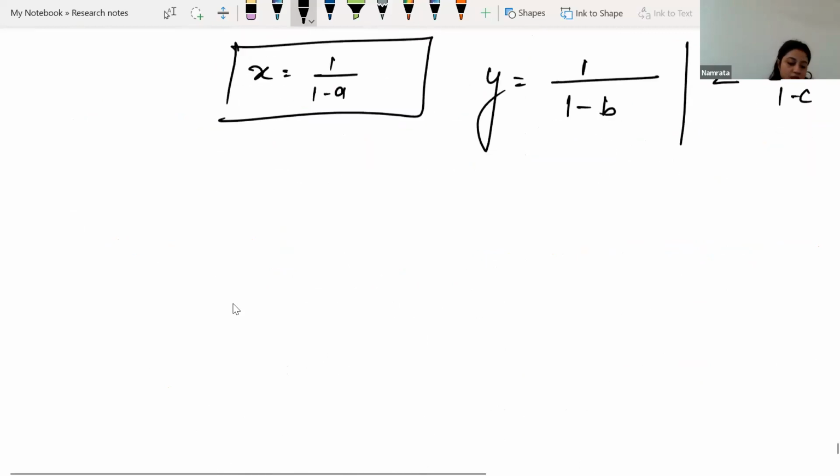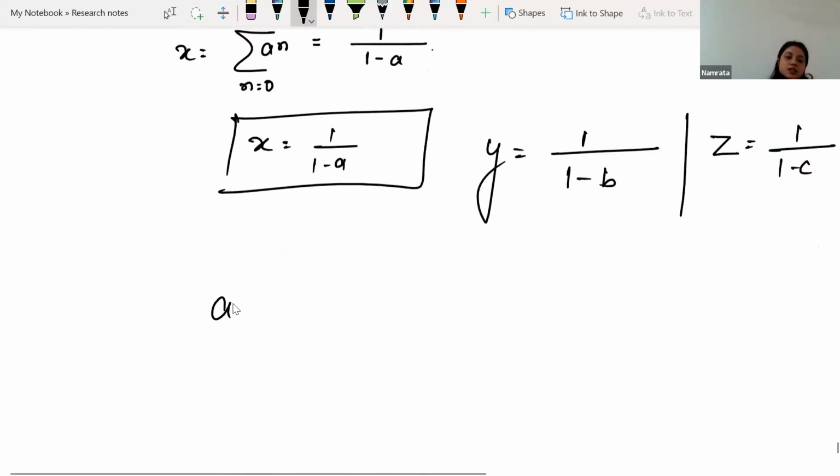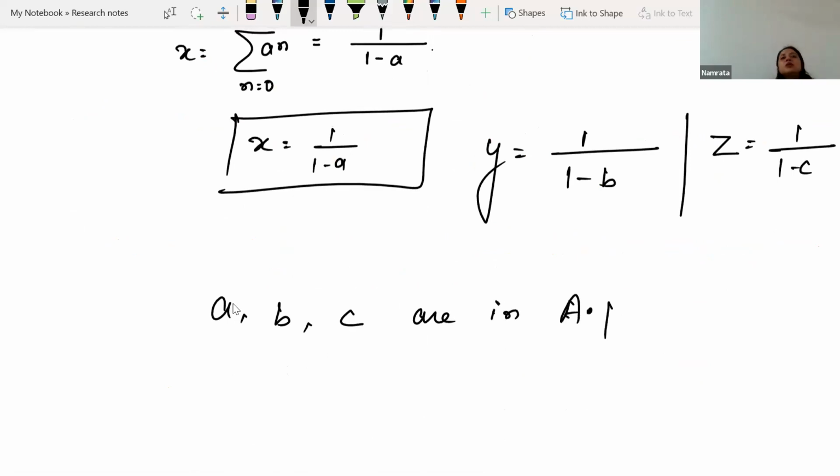Okay. So, if A, B, C are in AP, then we have learned the properties of AP. That we can add something in every term with the same number and still it will be in AP, right? So we can say let's multiply each term with -1.